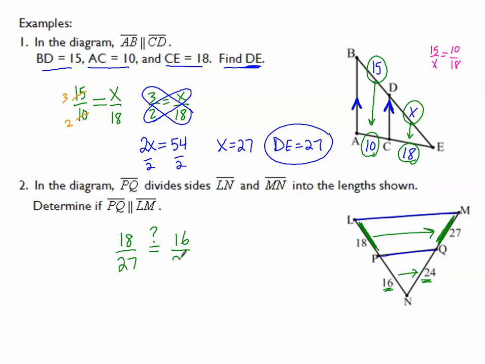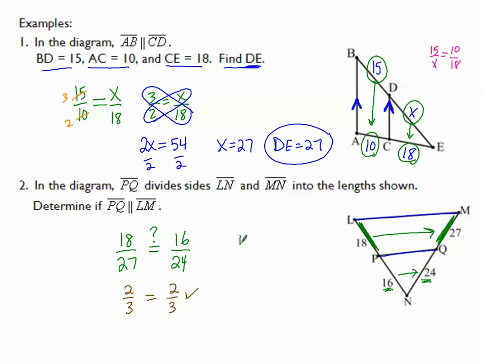Is it equal to 16 over 24? Well, one of the best ways to do it is reduce both sides, see if it works, or maybe we cross multiply. So if we were to reduce both sides, 18 over 27, this divides by 9 and makes 2, this divides by 9 and makes 3, this divides by 8 and makes 2, this divides by 8 and makes 3. So yes, they are equal.